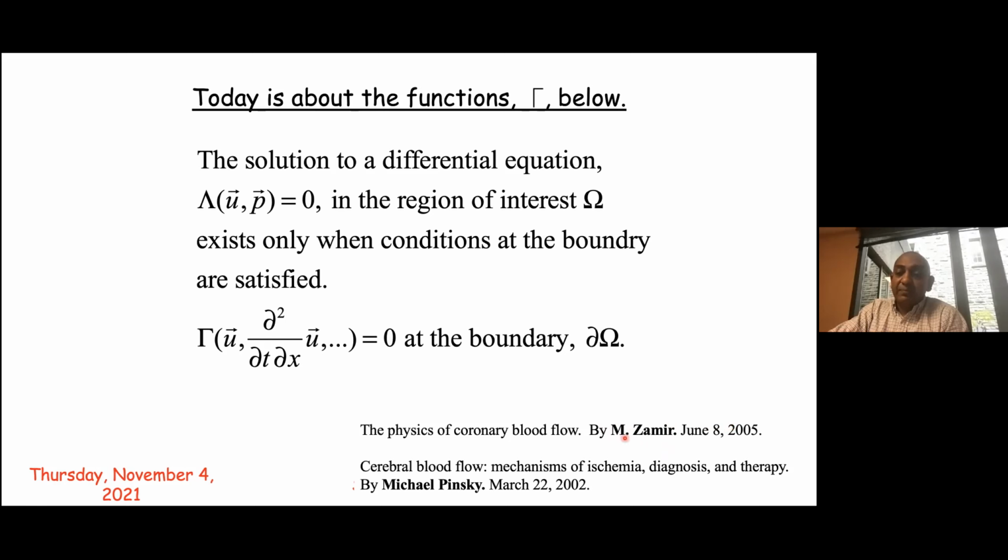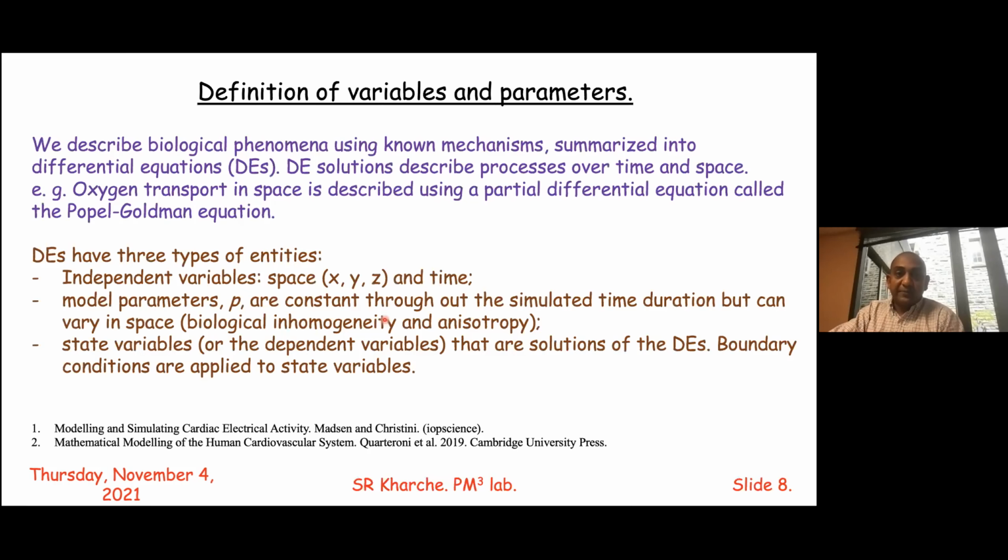And if, say, by some small chance you get through Meyer Zamir's book, there is also a book by Pinsky, which he wrote even before, which describes blood flow in the context of the brain. And so these are recommended books for practice, for exercises, and for understanding how especially these boundary conditions work.